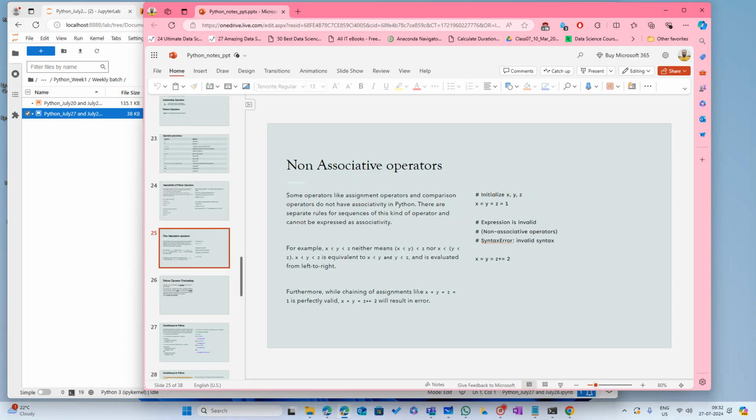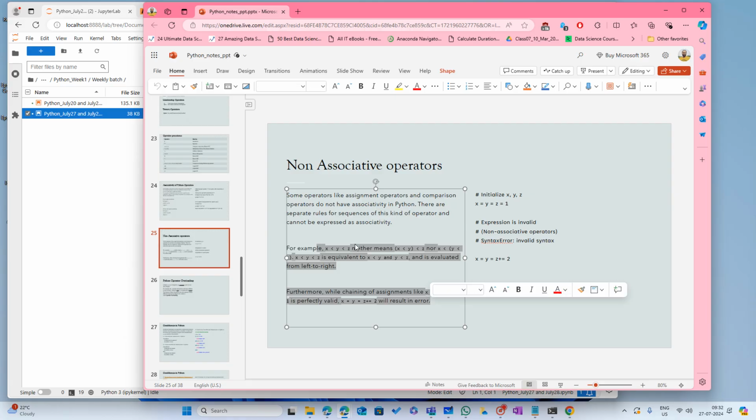Non-associative operators means there is no exact order for these operators; they don't have any associativity. They can be calculated either from left to right or right to left, and you will get the same result. Non-associative operators are your less than, greater than. You compare 2 less than 3 less than 4: from the left, 2 is less than 3, 3 is less than 4.